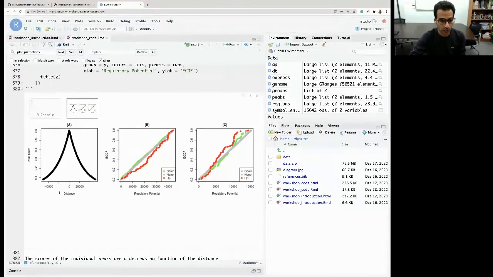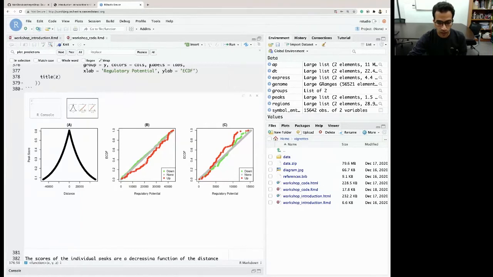Okay, so these are the distances of the peaks that we identified, and these are the scores. And you see here, as expected, the peaks that are very close have a higher score, and the peaks that are away from the transcription start site are discounted. And these are the two curves for the YY1 transcription factor: the upregulated genes as a result of the knockdown, and the non-regulated or downregulated ones here.